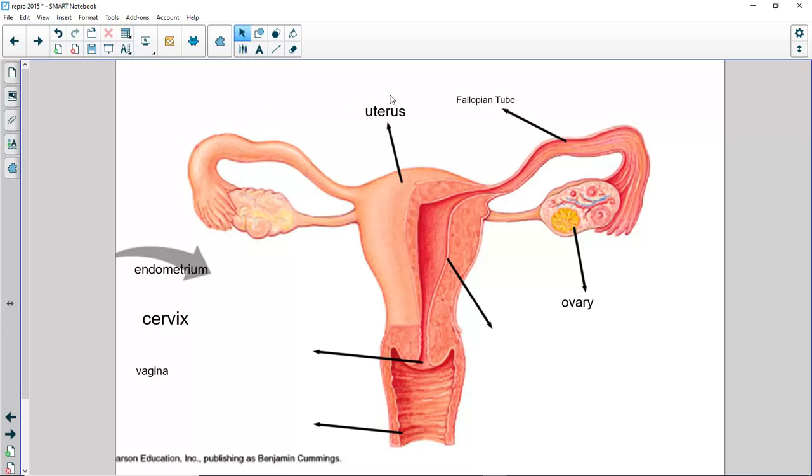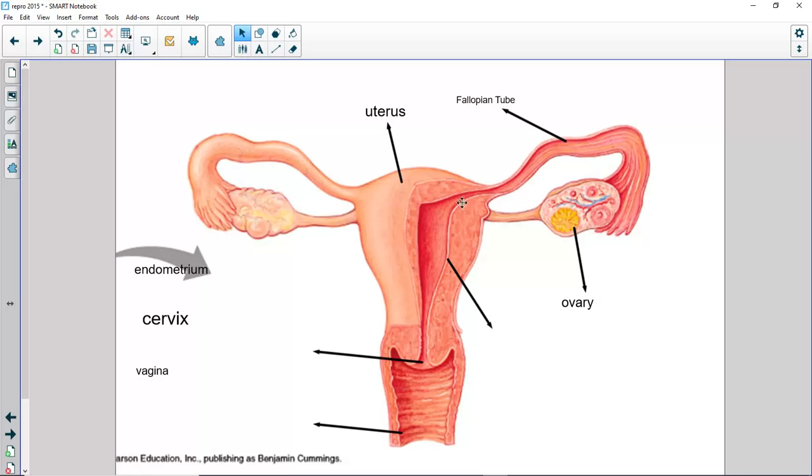Okay, notice a female reproductive system fun fact. If you're taking a look here, the ovary extension is actually also attached to the musculature of the uterus, but this is not a tube into the uterus.